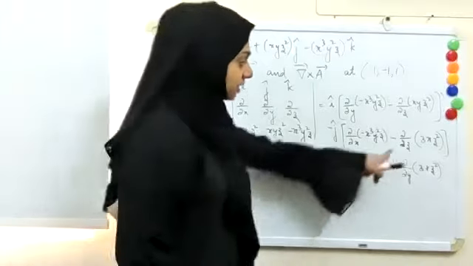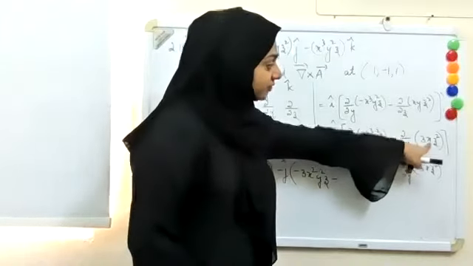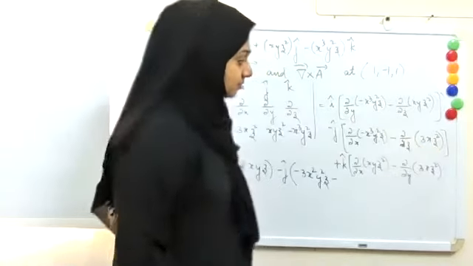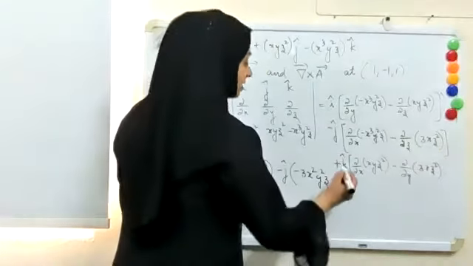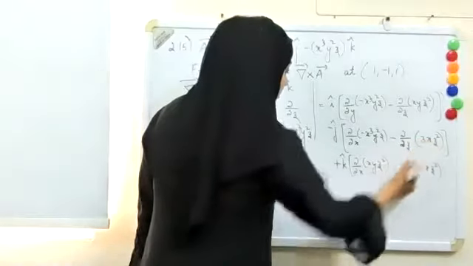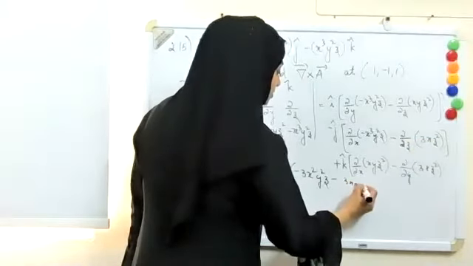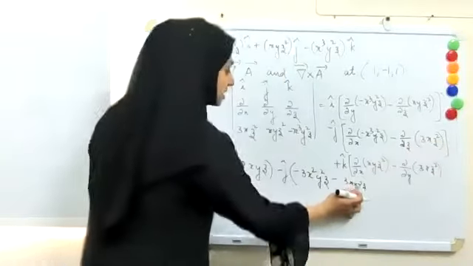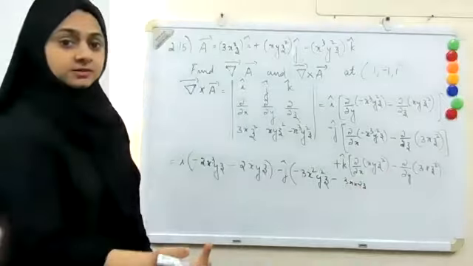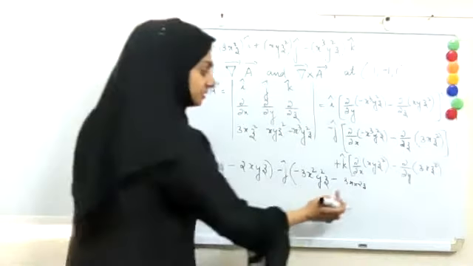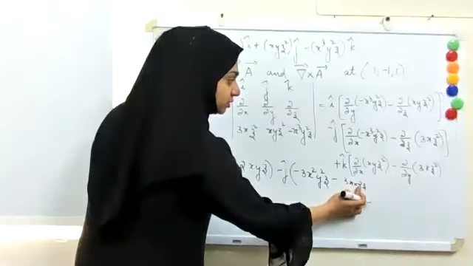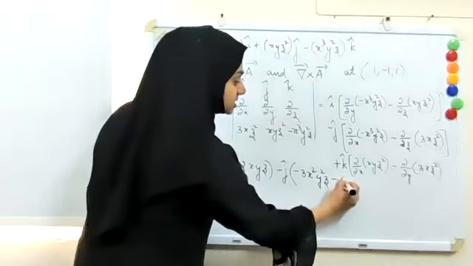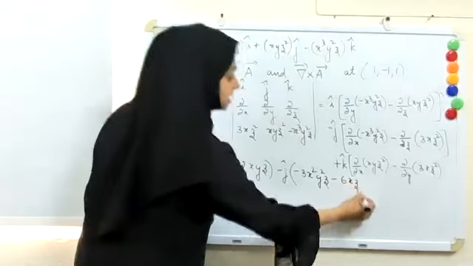Minus, okay, now try this: dou by dou z of 3x z square. 2z, yes, so 3x into 2z, because 3x is also there, right? What is 3x into 2z? 3 times 2, 6, so it will be 6xz.